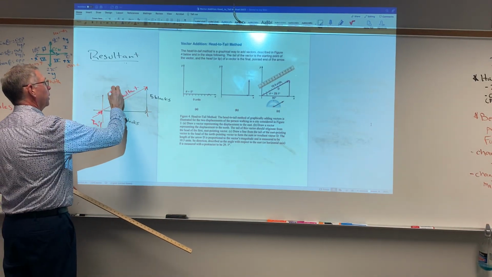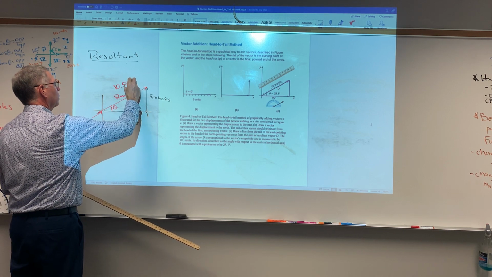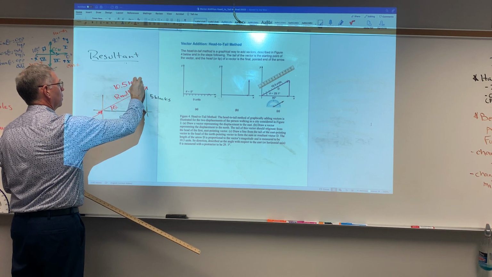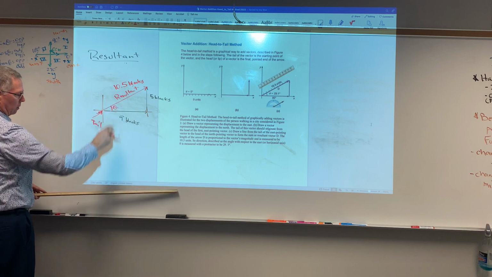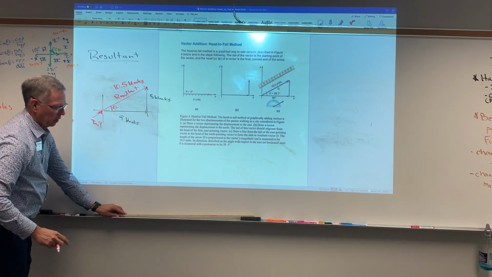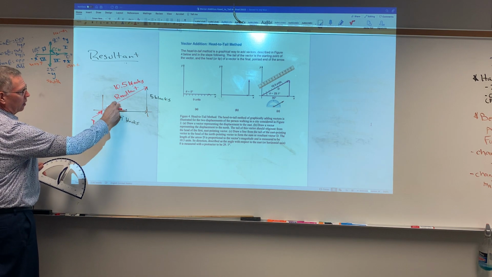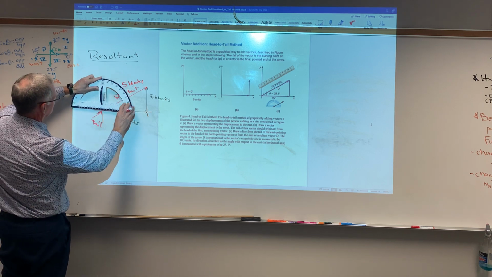So I ended up with 10.5 blocks. Okay, so that's my magnitude. And then you need to measure the direction. So measure this interior angle.